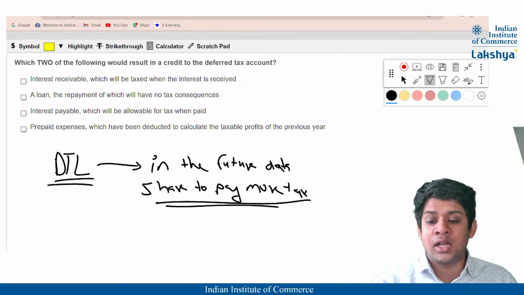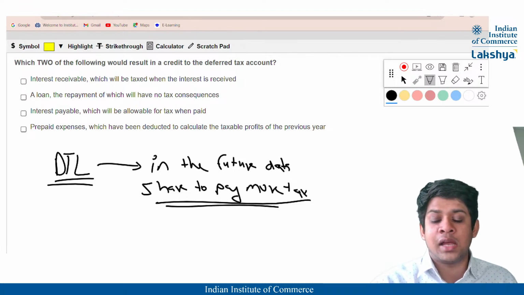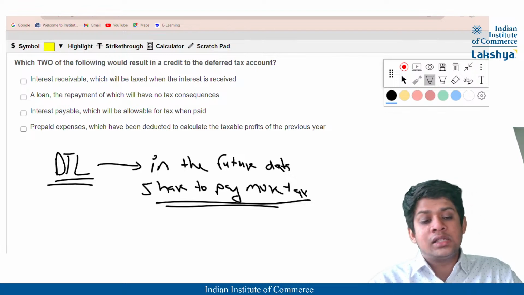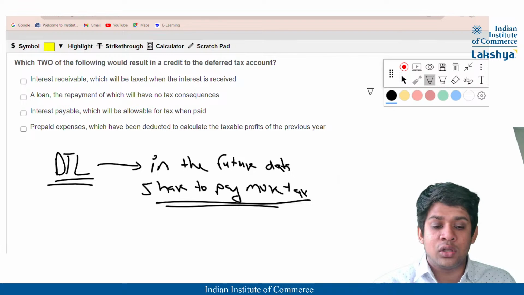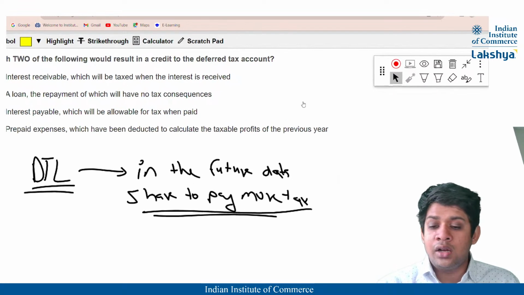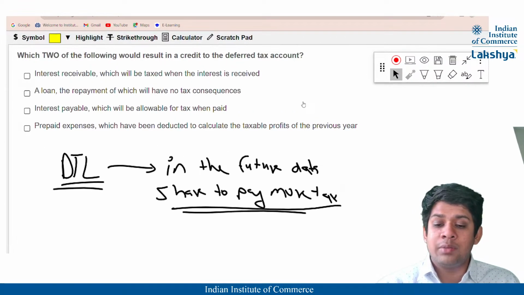That is the reason why there is a temporary difference arising. Because of that temporary difference, if I would have to pay more tax at a future date, then in such a case I will recognize it as a deferred tax liability. Okay. Firstly, let us look at the first scenario. Interest which is receivable, which will be taxed when the interest is received.